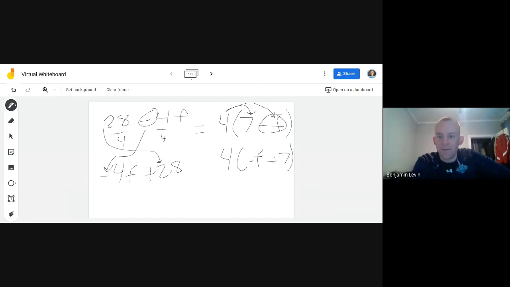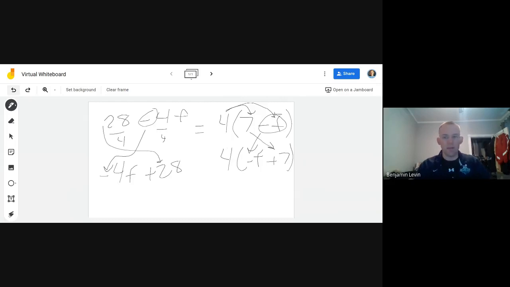The negative f goes here, and the 7 went here and stayed positive. It's just getting you used to different ways to write the same information, because we have to be able to look at information that's presented in different ways and be able to make sense of it, right?